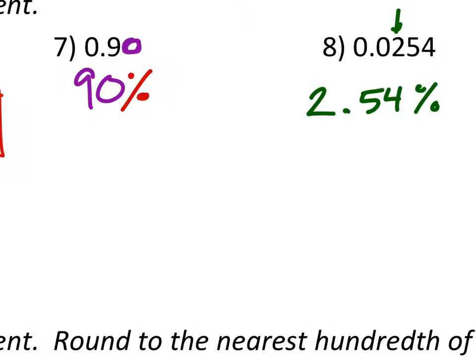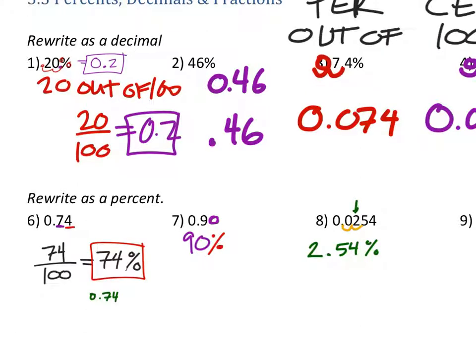Another way that you may want to think about this is, to change a decimal to a percent, we're just going to move the decimal over 2 times to the right. Compare this with the ones we just did, 1, 2, 3, 4, and 5. For these ones, we were moving the decimal over to the left to change the percent to a decimal. So we have to remember which is which.